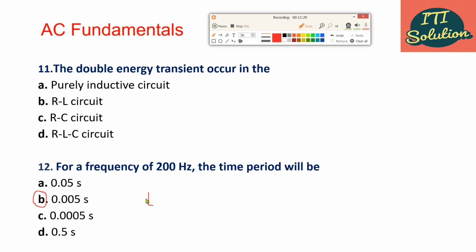Because time period, denoted by T, is equal to 1 by frequency. So the value is 1 by 200, which is 0.005 second.